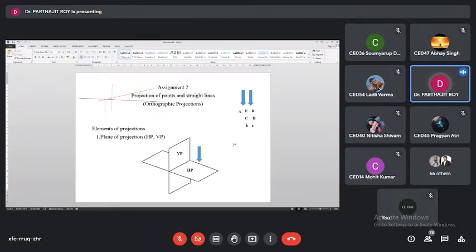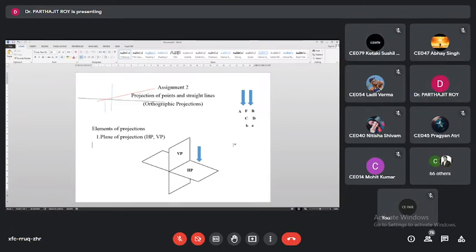One part of the space is in front of the vertical plane and above the horizontal plane. The second space is behind the vertical plane and above the horizontal plane. The third space is below the horizontal plane and behind the vertical plane. Similarly, we have one more space which is below the horizontal plane and in front of the vertical plane. Yes or no?